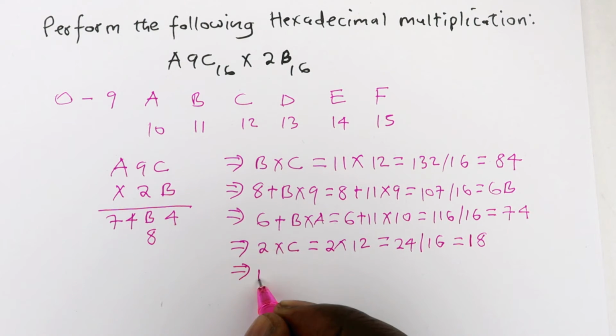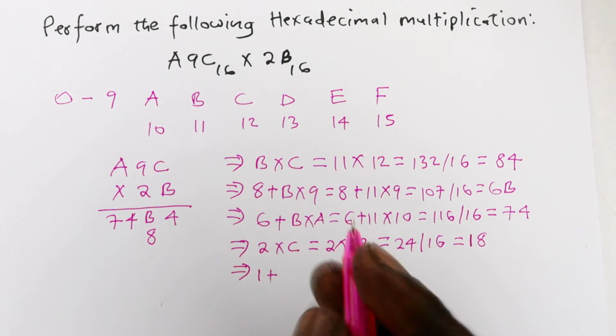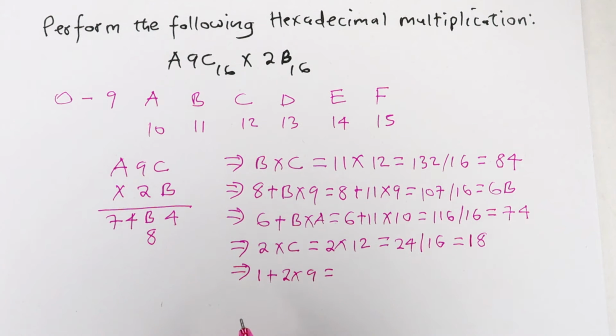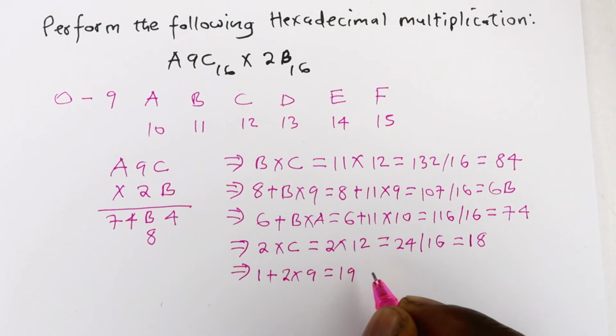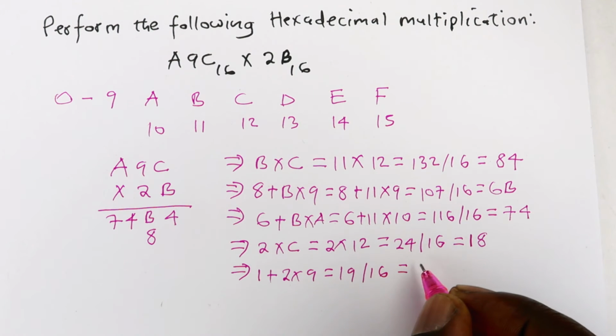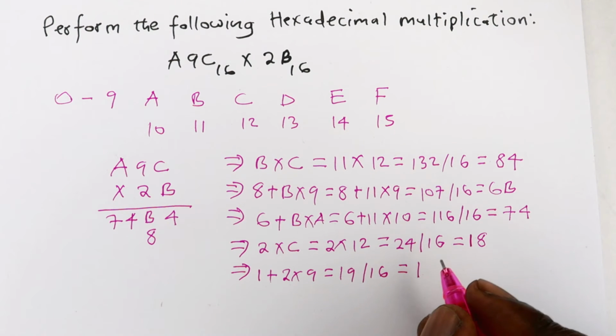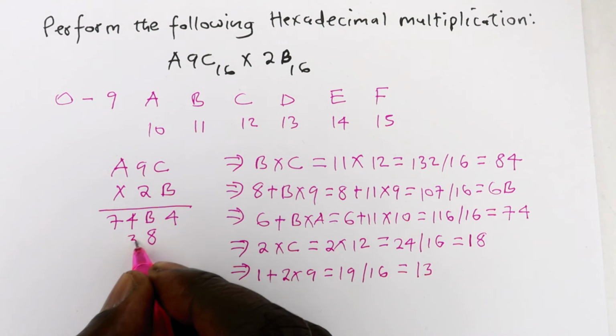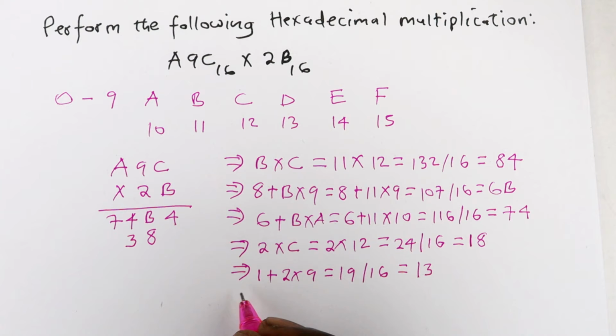You have 1 as a carry, so you start with the carry, that is 1, plus the next multiplication, that is 2 times 9. So that will be 19, because that is 18 plus 1, that is 19, which is a decimal number. Divide by 16. 16 into 19 once, and then there's a remainder of 3. So you write 3, and then have 1 as the carry.